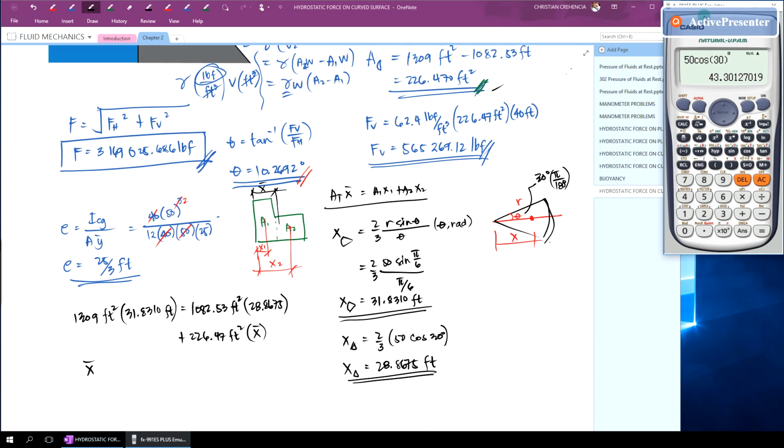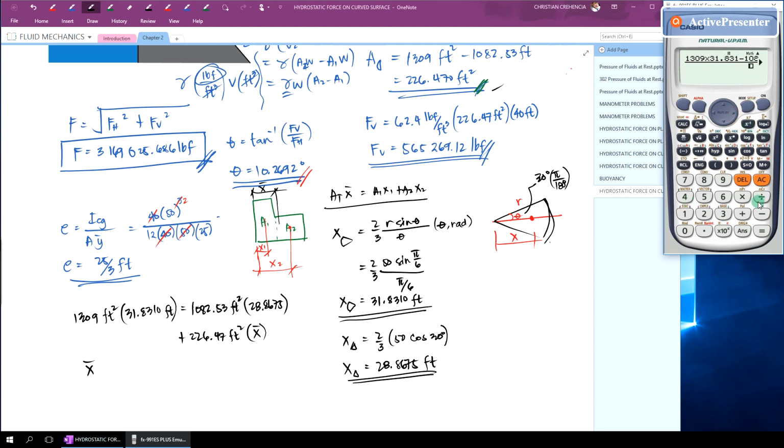So we have 1309 multiplied by 31.8310. Then when we transpose, that will be negative 1082.53 multiplied by 28.8675. Then we divide both sides by 226.47.